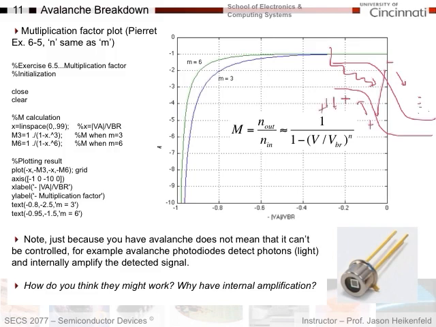One photon with a conventional photodetector would just give me one electron and one hole. But if we're biased to the point of avalanche, that one photon, because of the multiplication factor, gives me tons of electrons and tons of holes out. So I've got basically a photodetector with a built-in amplifier inside of it.